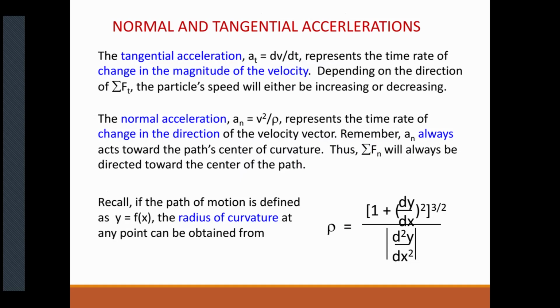For a particle that changes the direction of the velocity, the change in direction represents the normal acceleration. Normal acceleration is determined by using the velocity squared divided by rho, where rho represents the radius of curvature.